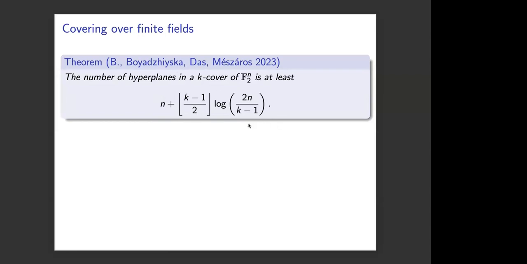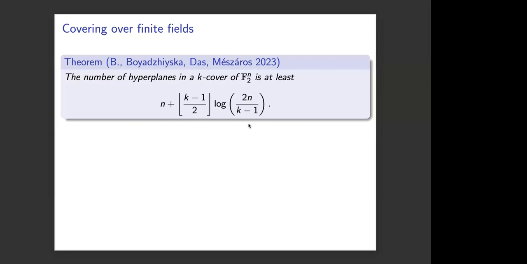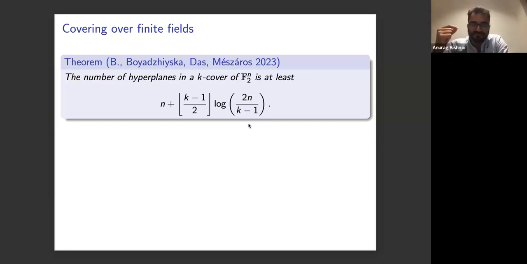But then how could you need more? Because you can have two hyperplanes sometimes. I see. The reason is that some of those real hyperplanes, when you work over the finite field, will cover the origin, and you still have to miss the origin. Right? They will wrap around, sort of. Okay, that's the problem.